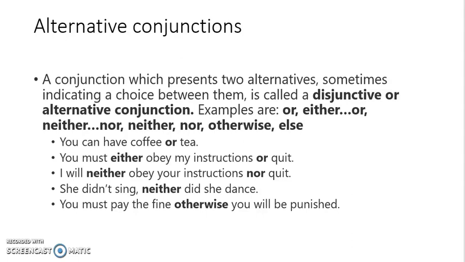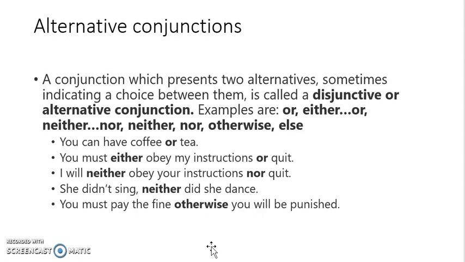Examples are or, either or, neither nor, otherwise, else. You are indicating a choice between two clauses or words or phrases. For example, you can have coffee or tea. You can have coffee, you can have tea. That is, the choice is yours. So or is used there. You must either obey my instructions or quit. What do you mean by that? You must obey my instructions, otherwise you should quit. That is the sentence.